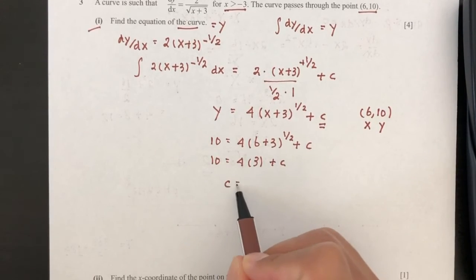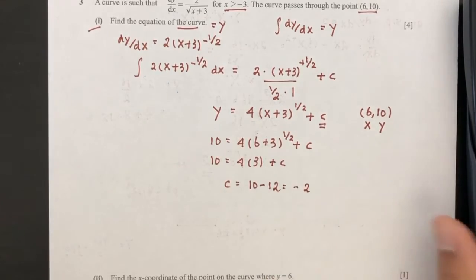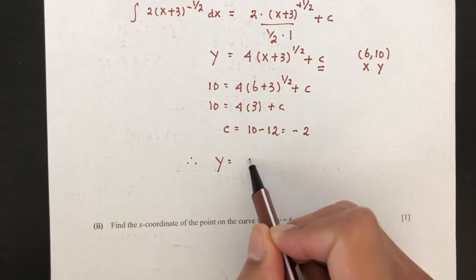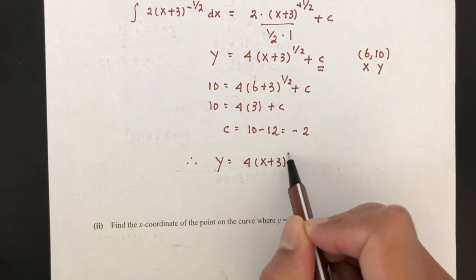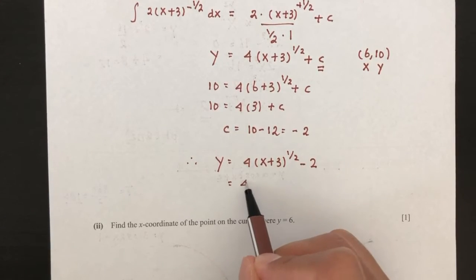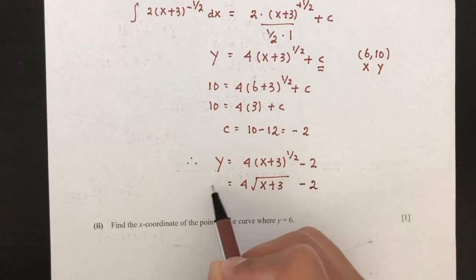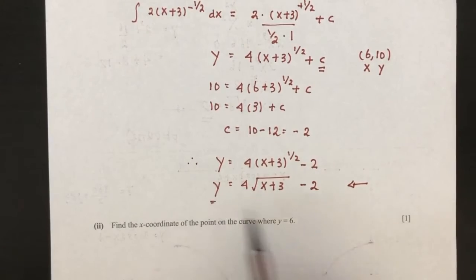Now c is equal to 10 minus 12, which is minus 2. So in the end, your equation y is equal to 4 times x plus 3 power half minus 2. Or you can write this as 4 square root of x plus 3 minus 2. That will be the equation of your curve, y.